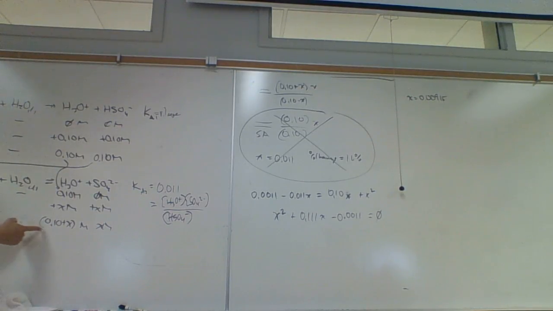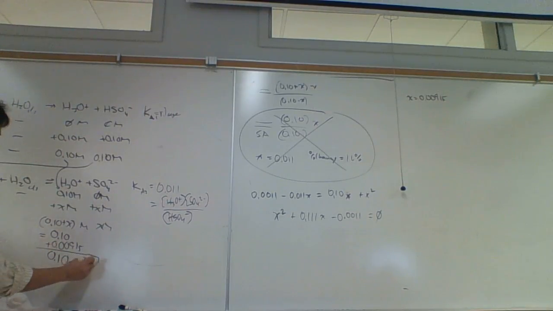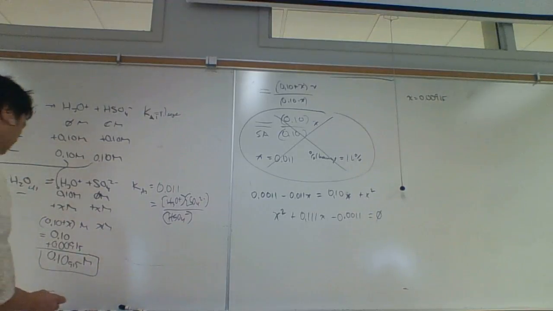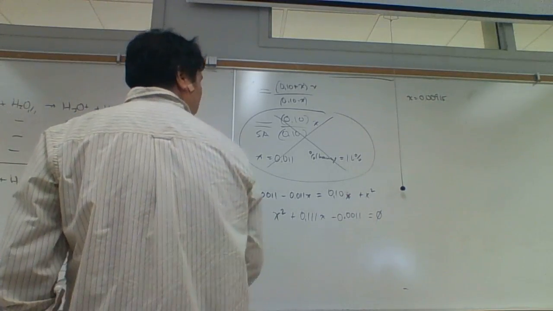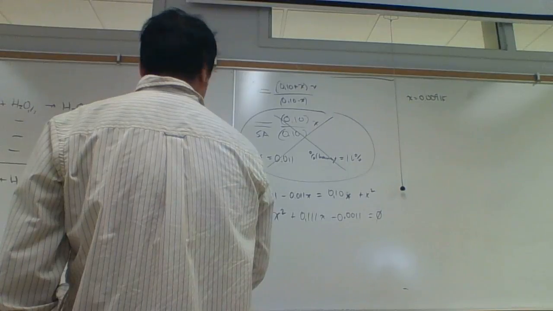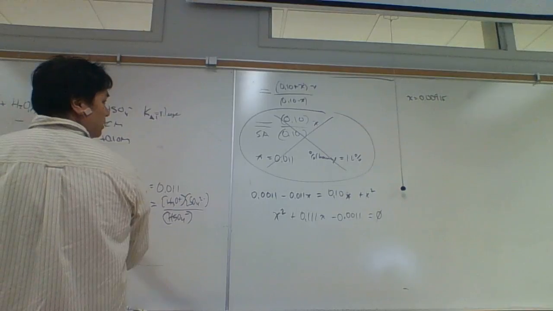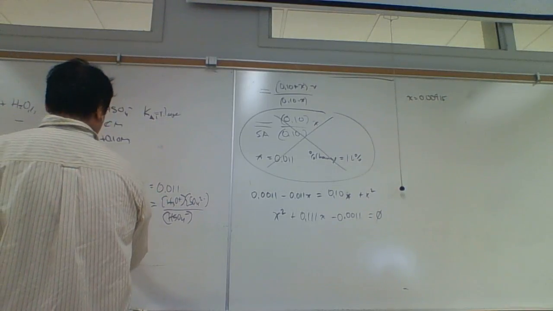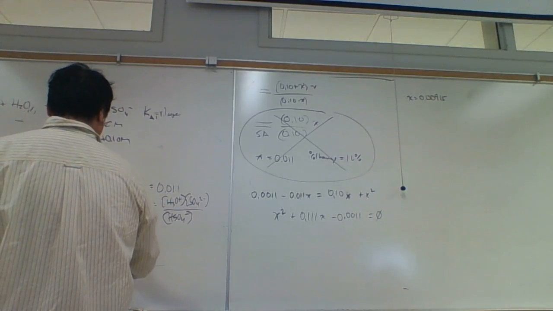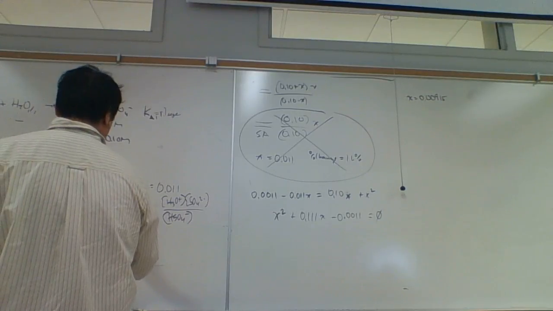And then over here we got 0.10 plus x, so this is equal to 0.10 plus 0.00915, which will give us 0.10915 molar. Is that right? And then the sulfate is going to just be 0.00915.